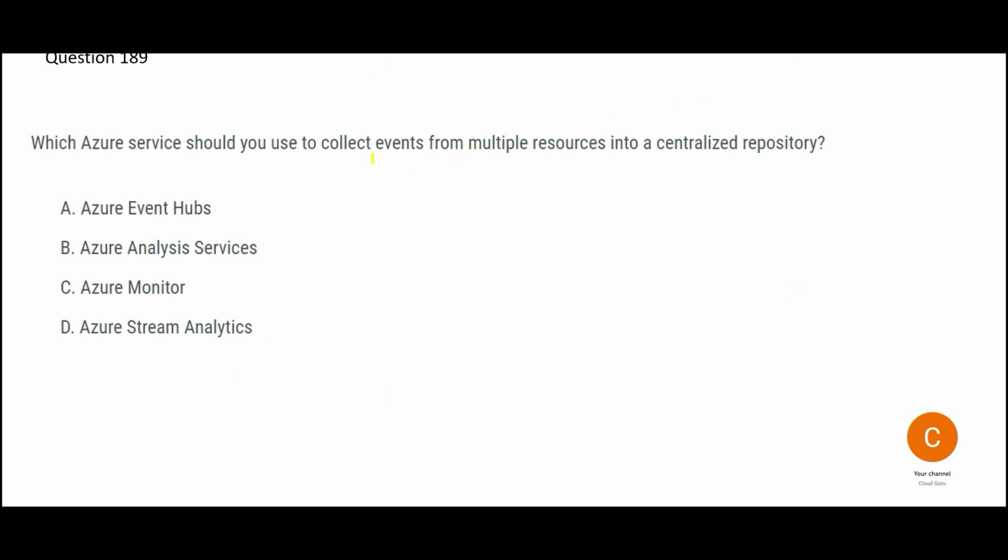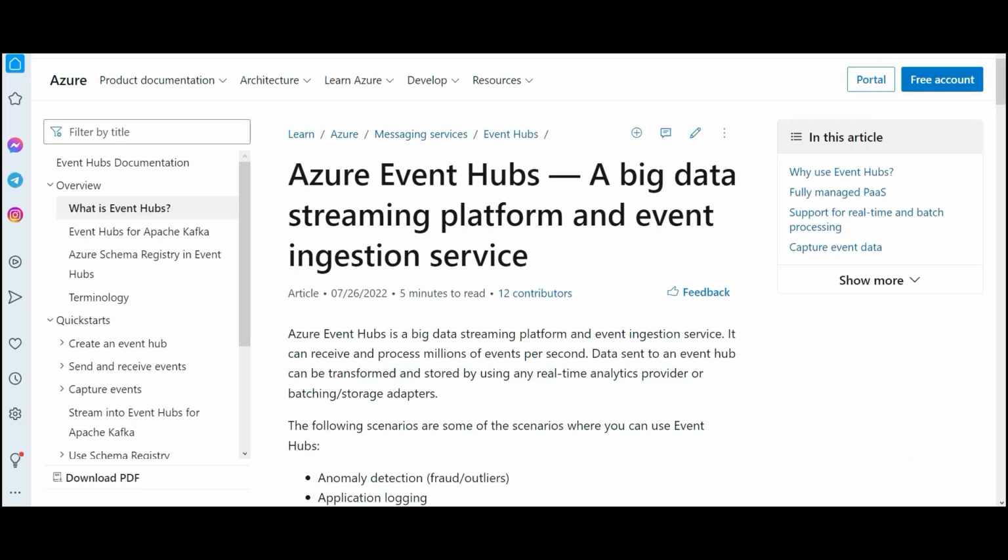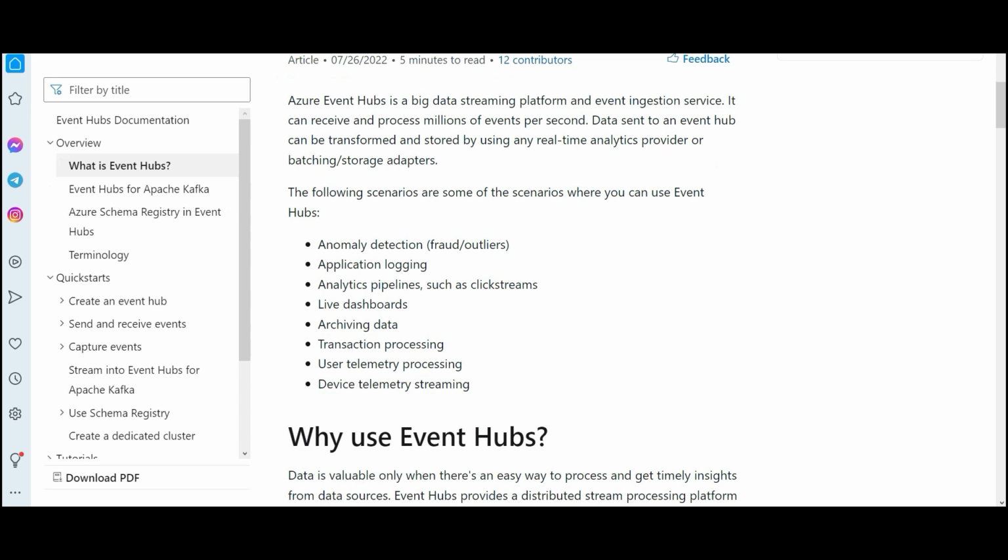So you want to collect events, which service would you use? A says Event Hub. Event Hub is a big data streaming platform and event ingestion service. You can use Event Hub if you are trying to identify anomalies or you want to log details of applications, archive the data and so on.